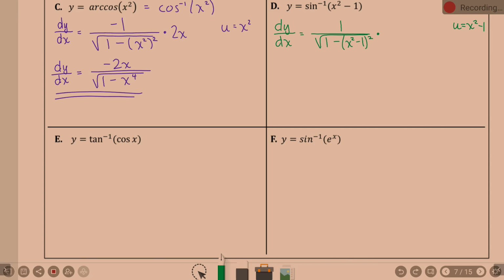And then times 2x. The derivative of x squared minus 1 is 2x. Cleaning this up, I would move the 2x to the top if you haven't already put it there. In that denominator, okay.